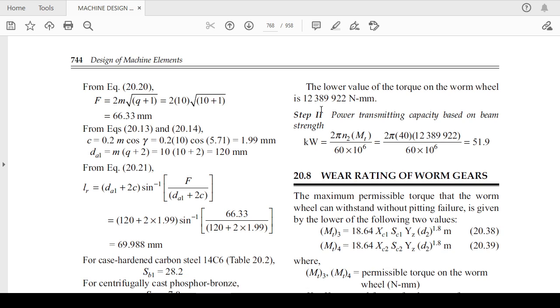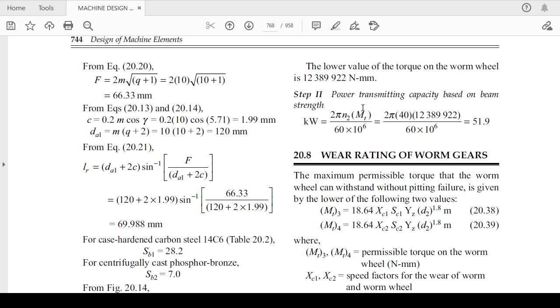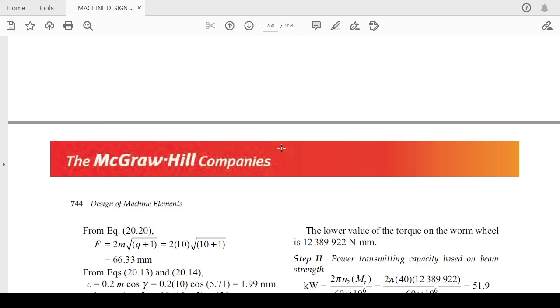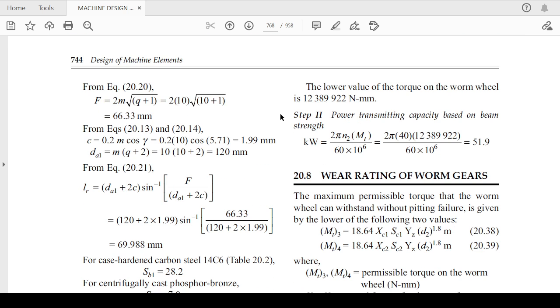On the basis of that maximum permissible torque, you can calculate the value of power transmission, which is 2 pi N2 MT. Do not have the misconception that because here it is N2, MT2 will always come. No, you have to calculate the torque for the worm and the torque for the worm wheel, but always keep the lower of these two values.